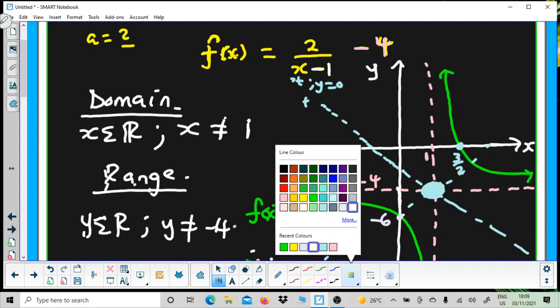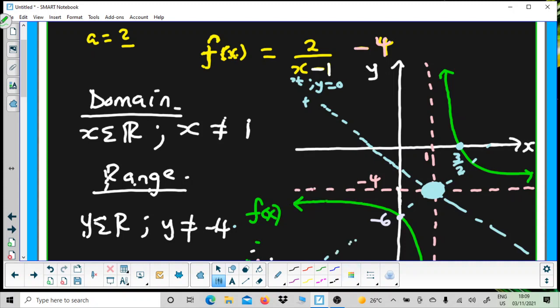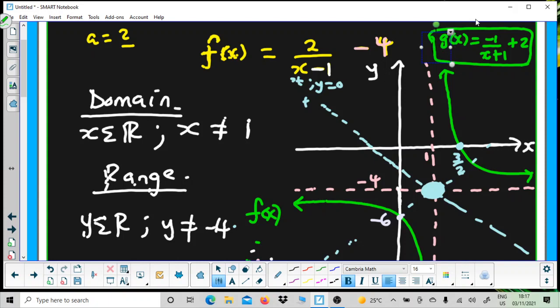Let's say, sketch the graph of g(x) now, -1 over x plus 1. Why don't I say plus 2? Sketch this one. Give me the axis of symmetry as well. Do it as fast as you can, and let's see how well things will go.